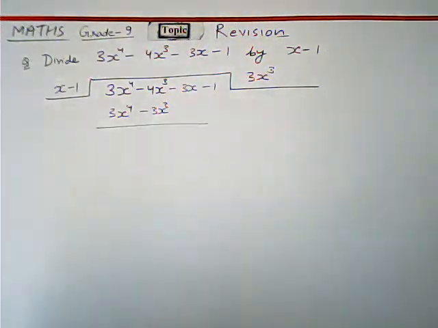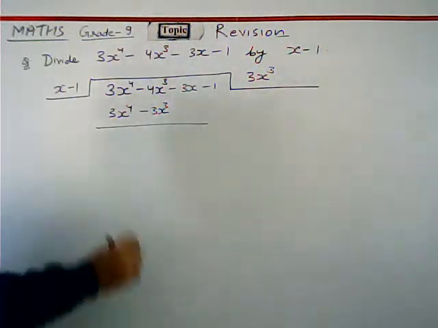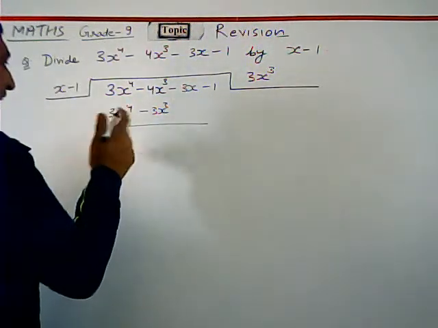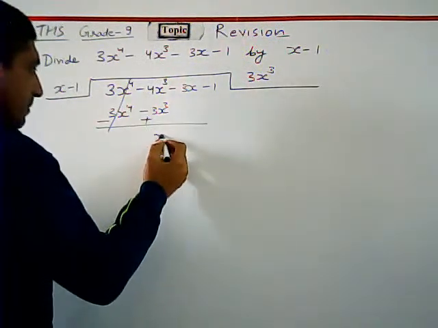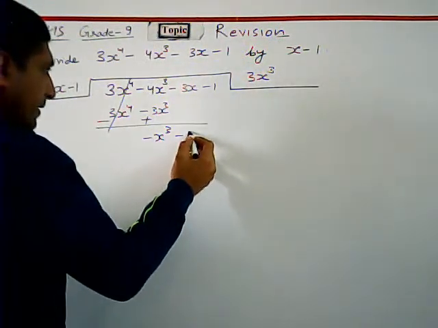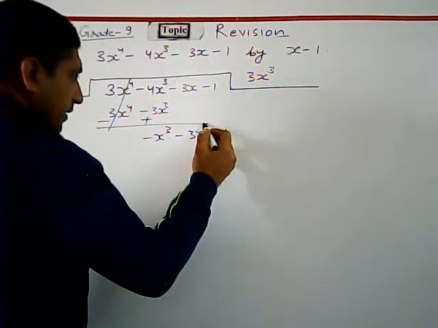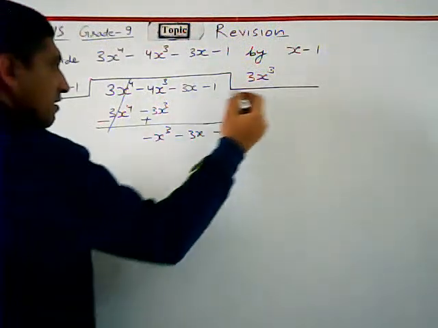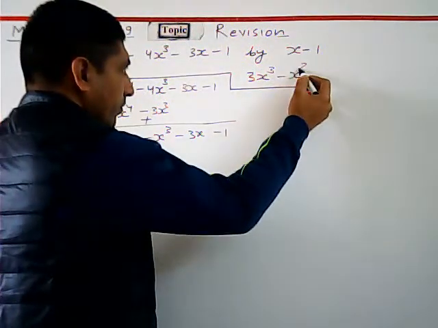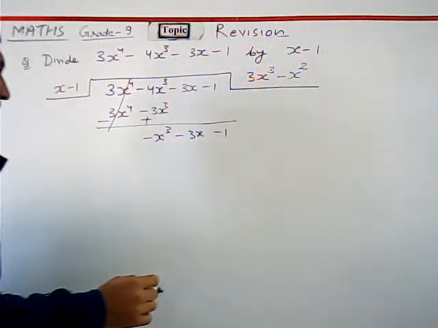So what we can do, we can subtract. It will become plus, cancel, and we get minus of x^3, minus of 3x, minus of 1. Now here, minus of x^2.